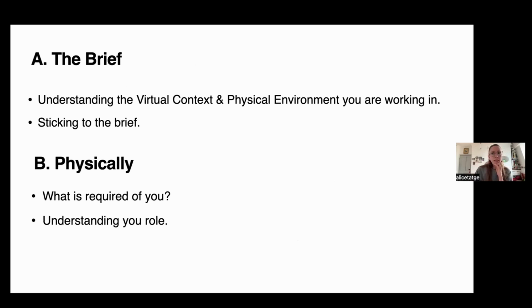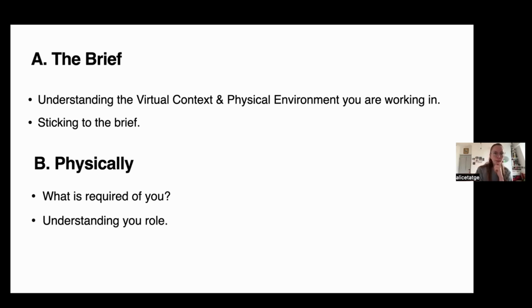Now, from the perspective of starting a project with VR and motion capture, like with any project, I would say you always start from the brief. So to get a real sense of understanding both the virtual context you will be working in, but also the physical environment that you are working in as well, and really trying to stick to the brief, which might be a little bit hard at times.